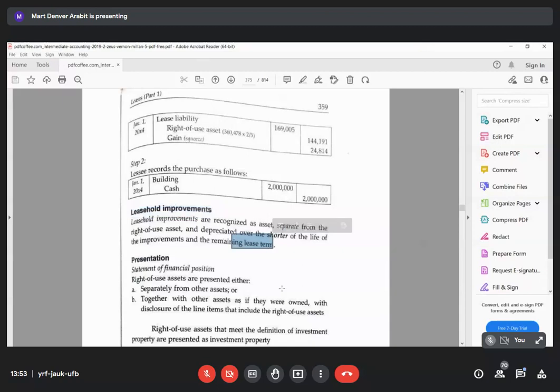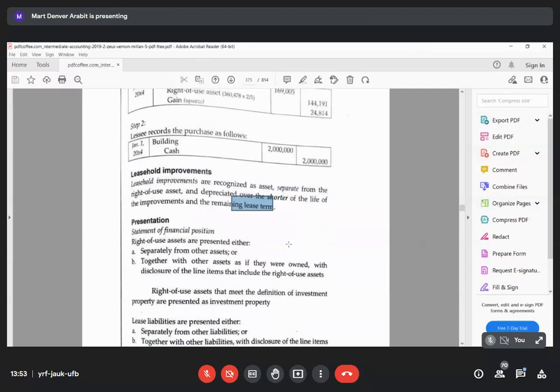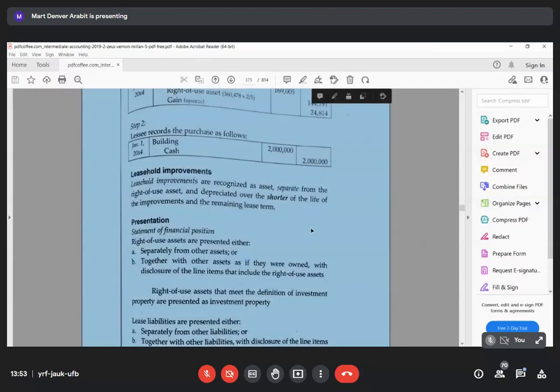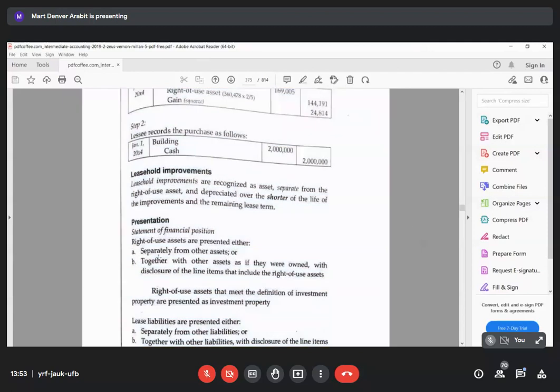Okay? So presentation on statement of financial position, ROU is presented separately from other assets. Yes, dapat mo siyang i-separate kasi separate line item siya sa financial statement.